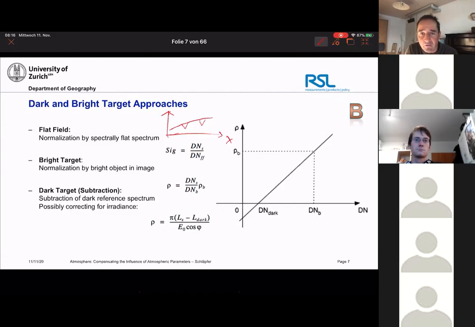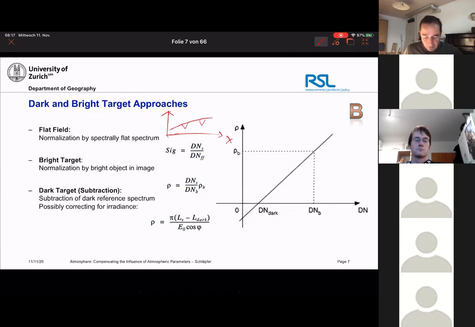So you can find the atmospheric effects from this difference and divide it into the original data. Then you can get a corrected imagery. That's a trick with this flat field spectrum. So you adjust the spectrum according to a flat spectrum.